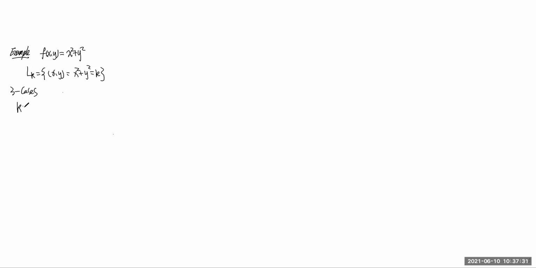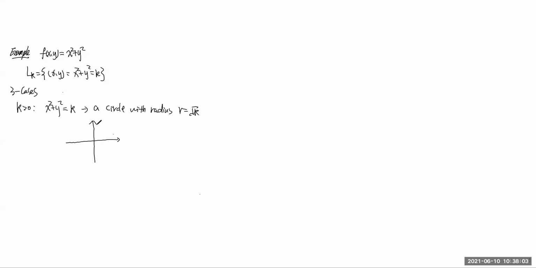First, k is greater than 0: x squared plus y squared equals k, okay, right? This is a circle with radius r equal to the square root of k, right? If k is greater than 0, this is the level set, I'm not talking about the graph, okay? You have to distinguish the concept.